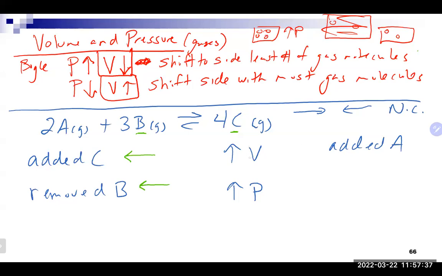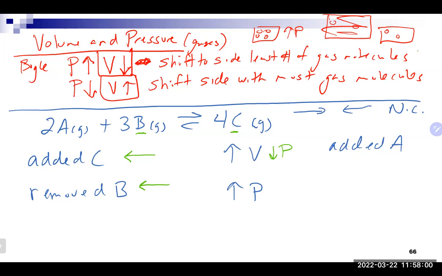In this case, we're going to increase the volume, and the effect of that is that the pressure is going to drop. Really, we could think about it in terms of volume. In a larger volume, we need to counteract the pressure coming down. To do that, we need a lot more gas molecules to bring the pressure back up.